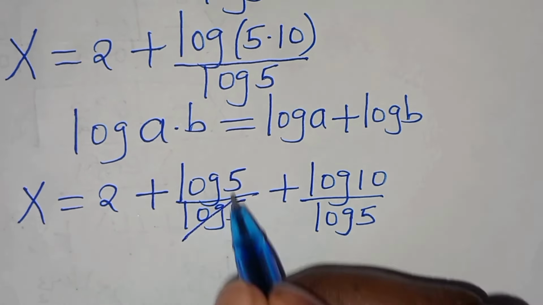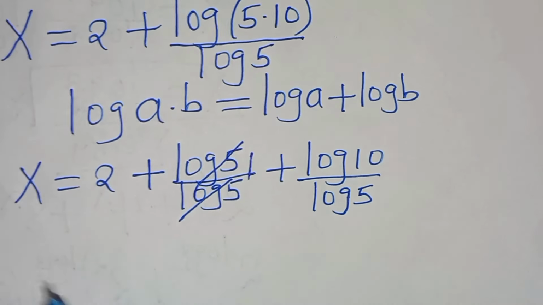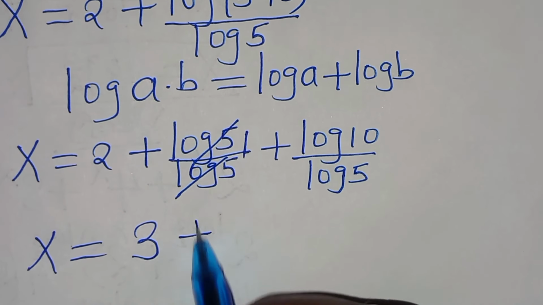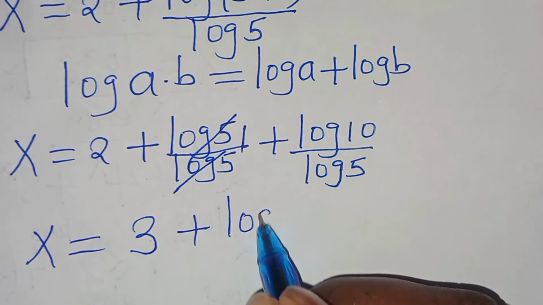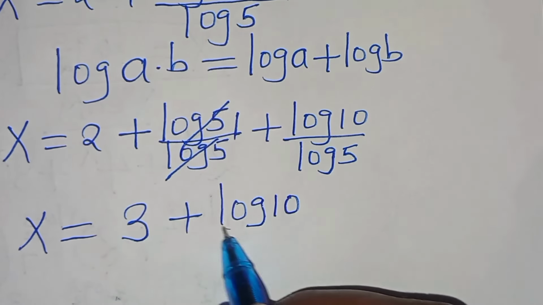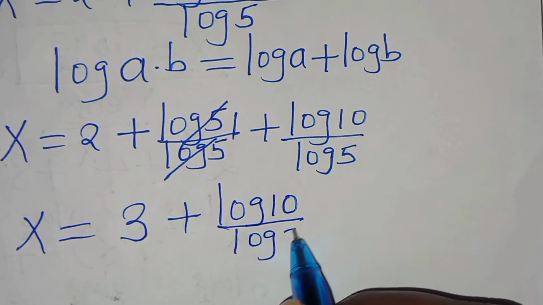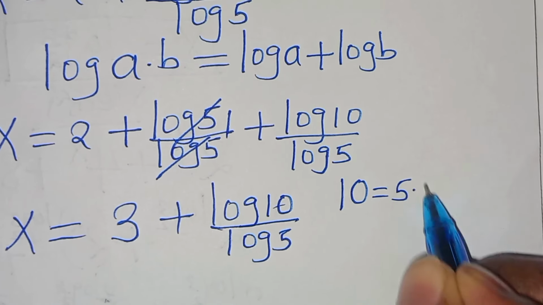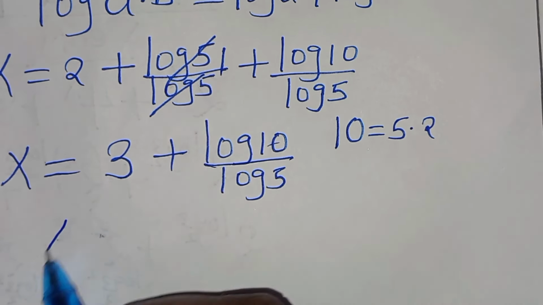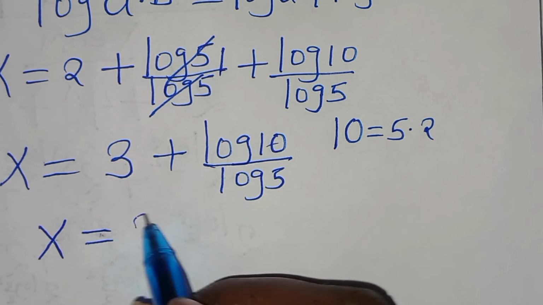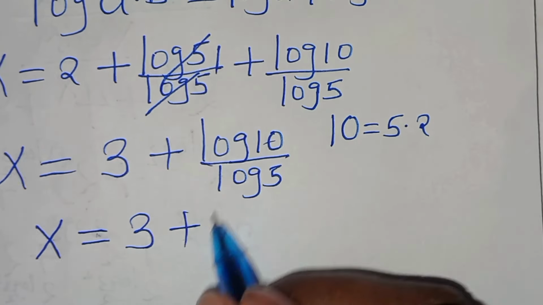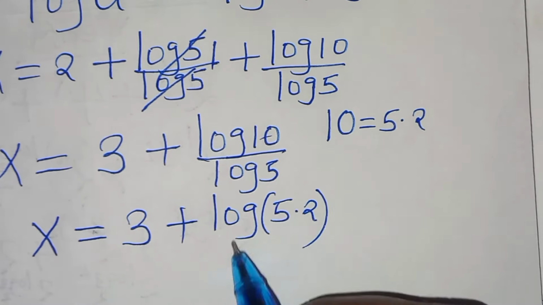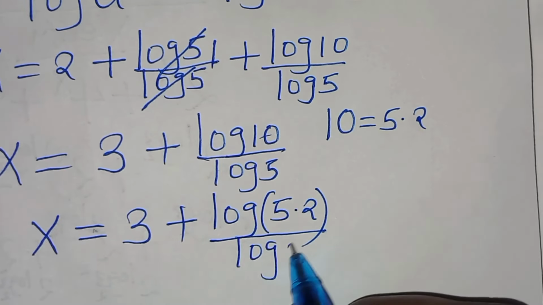So we simplify again here, so that now we have x equal to 2 plus 1, this is 3, plus log 10 divided by log 5. Now we can express 10 basically as 5 times 2. So this implies that x is equal to 3 plus log of 5 multiplied by 2, divided by log 5.